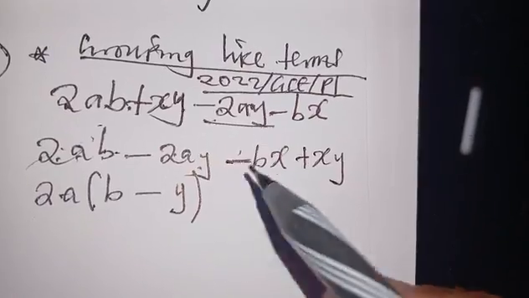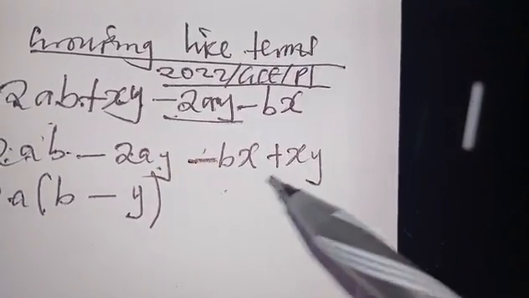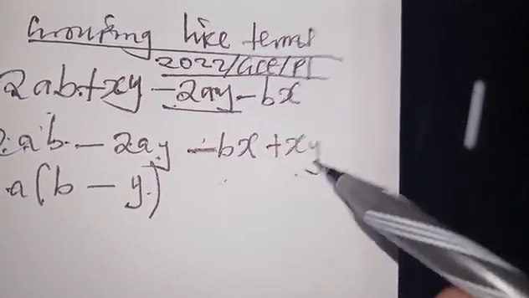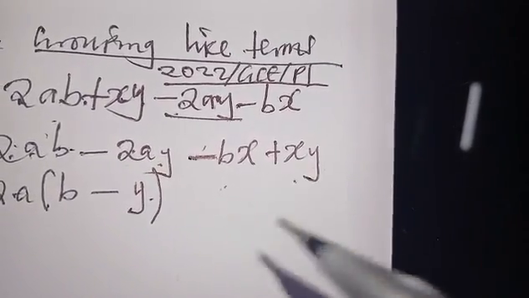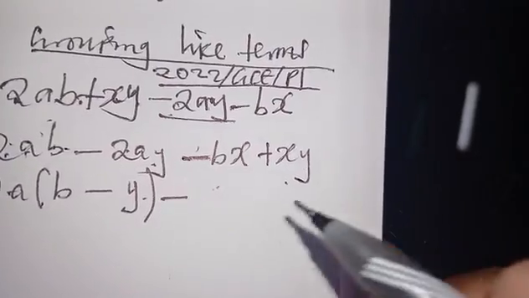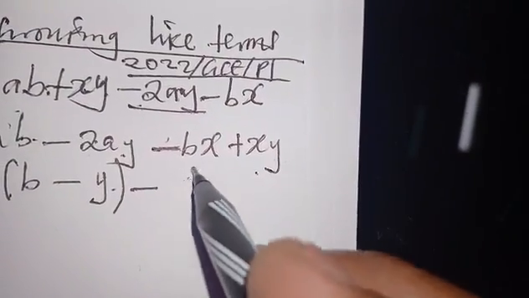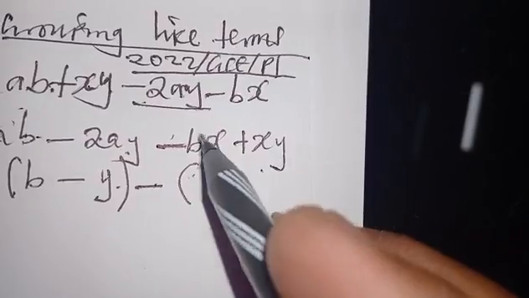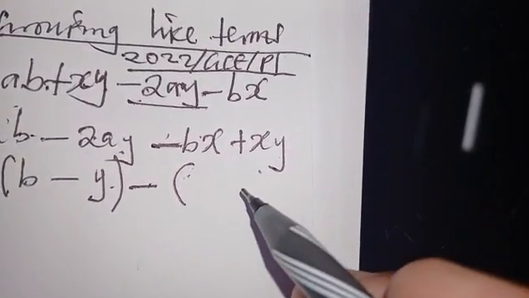When you come here, you have to make sure that this b again is positive and this y again is negative. So for you to make sure of that, you have to put a negative here, so that negative into negative is positive, and it will bring a positive b.